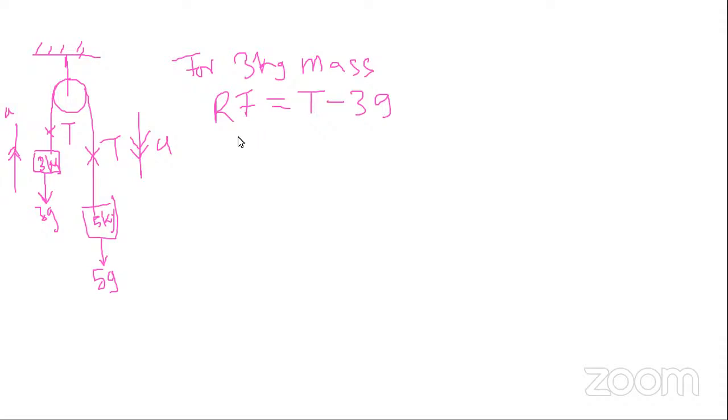Then substituting in F equals ma, T minus 3g is equal to 3a. This becomes equation 1.